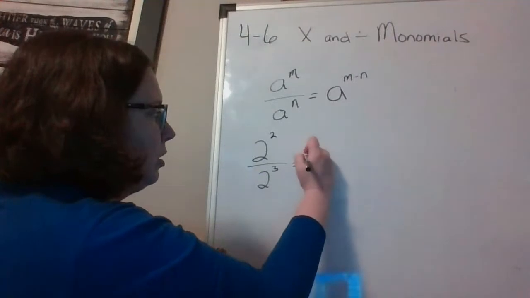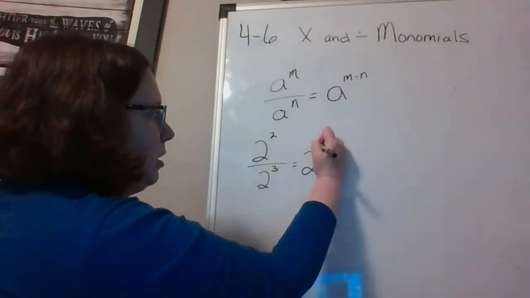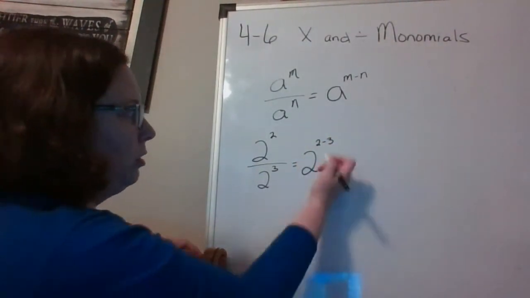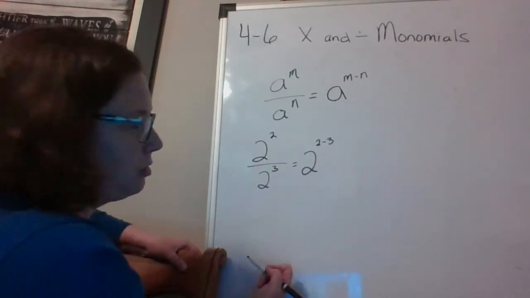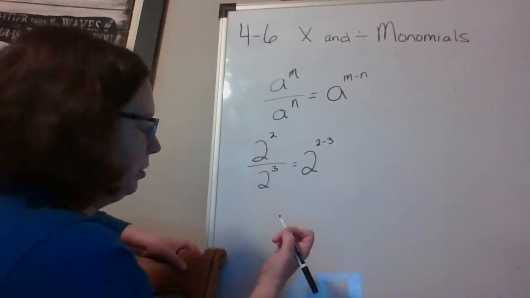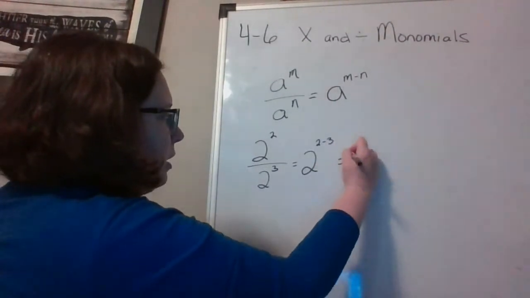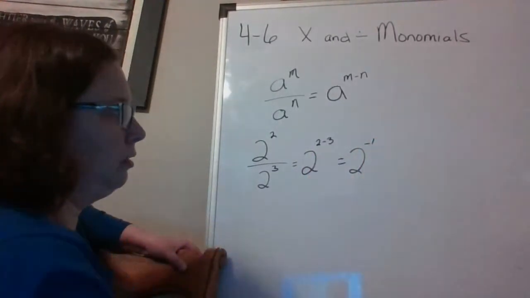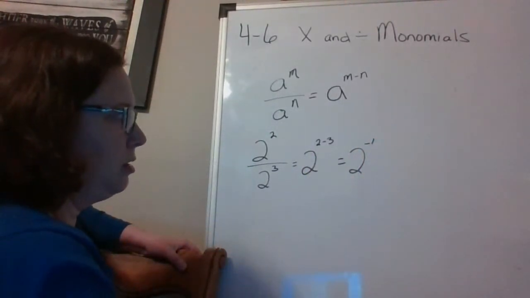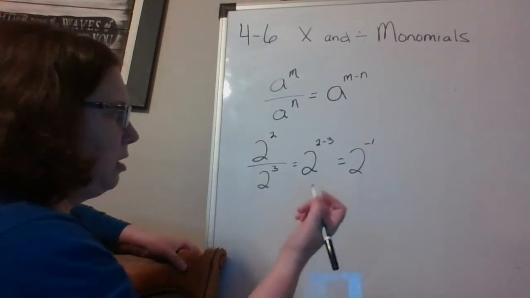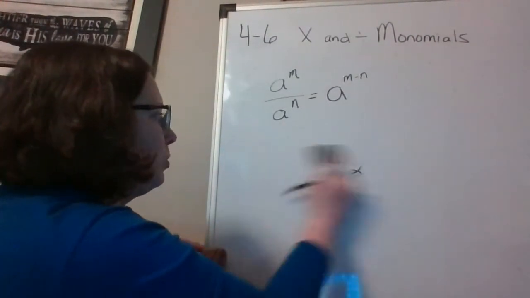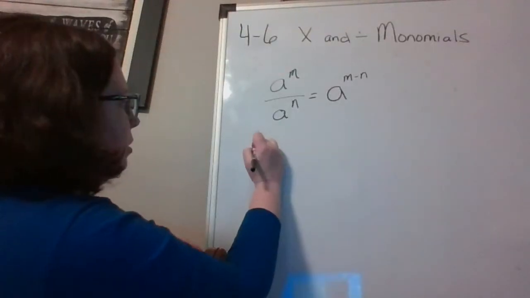When you do this, you're going to take your base, your top exponent minus the bottom exponent. And in this case, 2 minus 3 would be -1. Let me do another one. I'm going to switch my exponents actually.